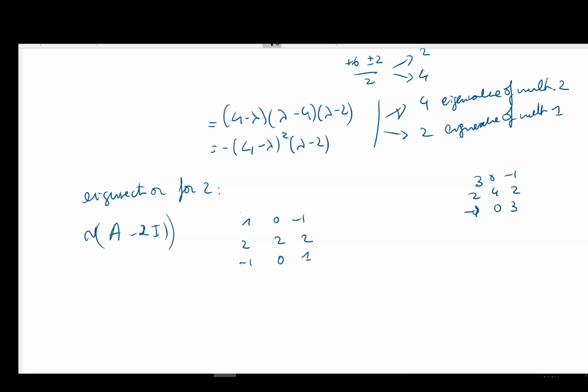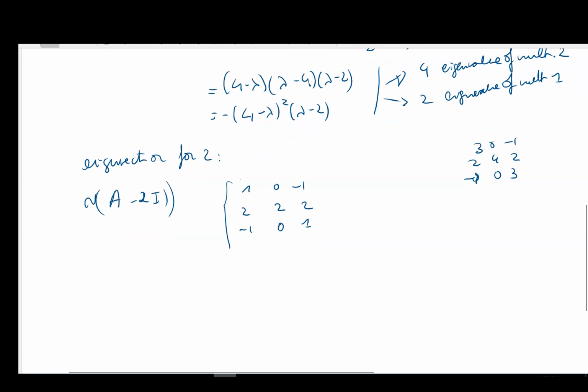Okay, so what does that give me? All right, so if I reduce that, I'm looking for x, y, z such that this is equal to 0. So let's put it under the usual form.